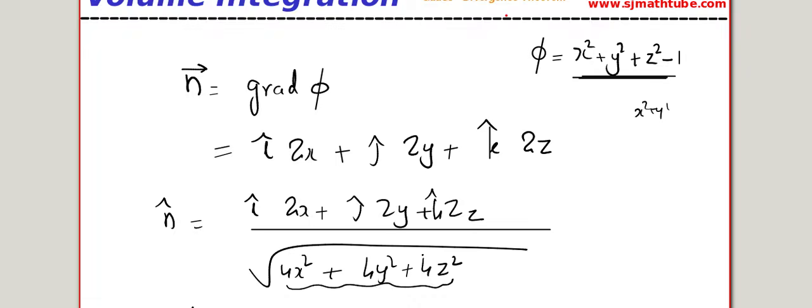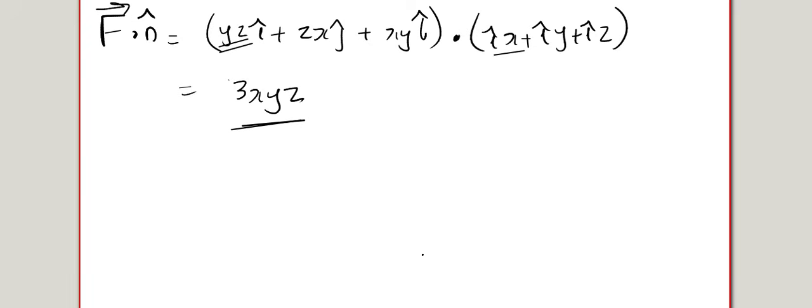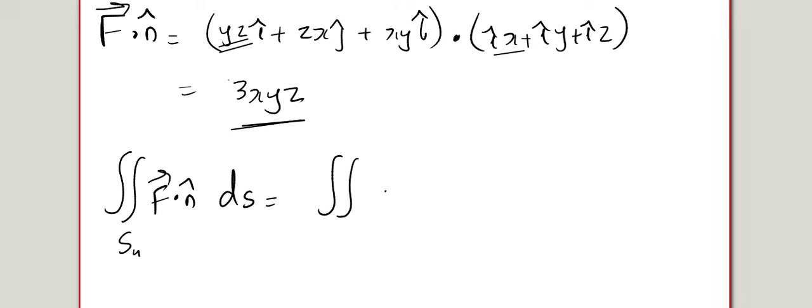So I'm going to use the formula for the xy plane. So my integral over S of f dot n dS will become, f dot n is 3xyz, and here we will get dx dy divided by mod of n dot k.